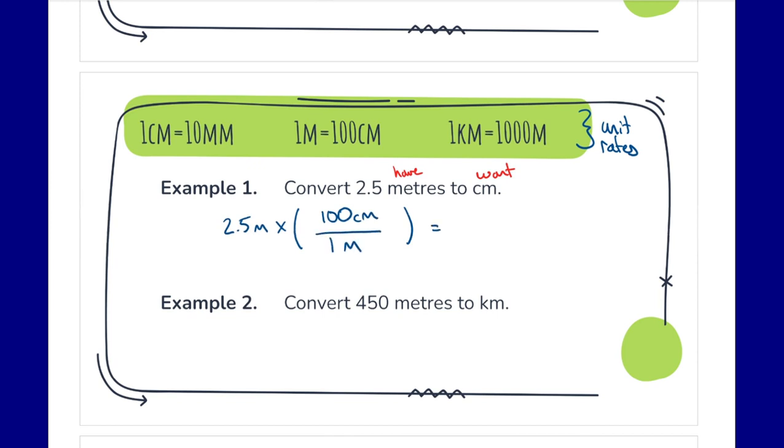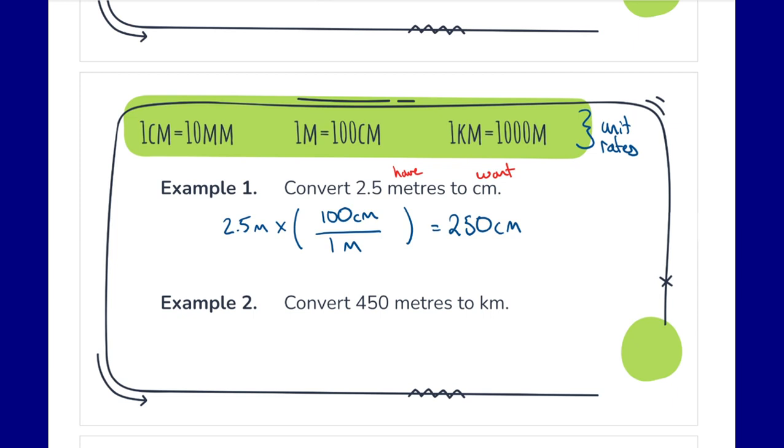We take 2.5 multiplied by 100 and divide by 1. In this case, we get 250 centimeters. You may have been able to do that already using your understanding of how many centimeters are in a meter. If you prefer a more analytical, calculated way, you can use this formula.